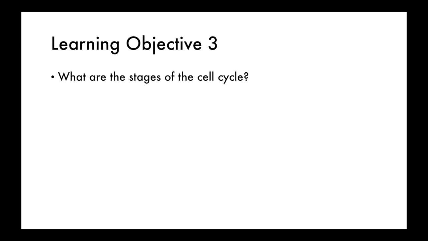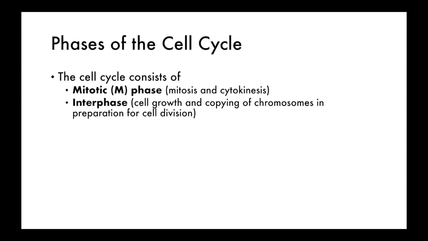Okay, so next learning objective is what are the stages of the cell cycle? Basically, a cell goes through two main stages. The mitotic phase, when it's going to go through mitosis, the actual cell division, and cytokinesis, which is the division of all of the organelles, the ER, the Golgi apparatus, and so on and so forth.